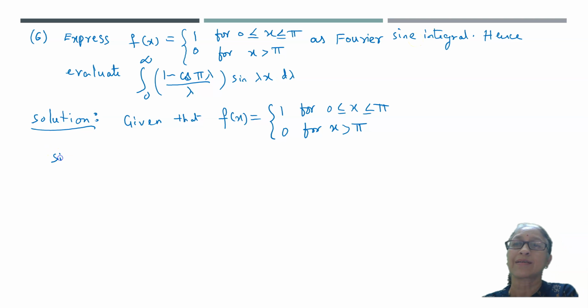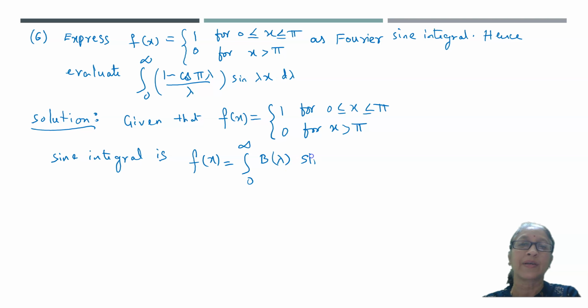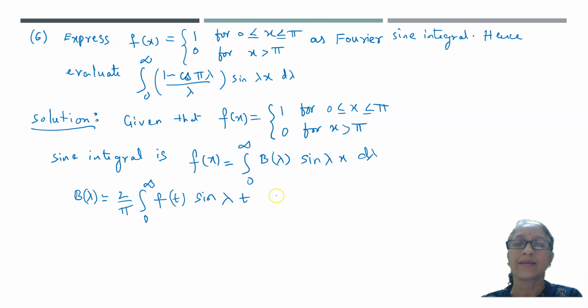So here the sine integral is f(x) equals integral 0 to infinity of b(λ) sin(λx) dλ, where b(λ) equals 2/π times integral 0 to infinity of f(t) sin(λt) dt.